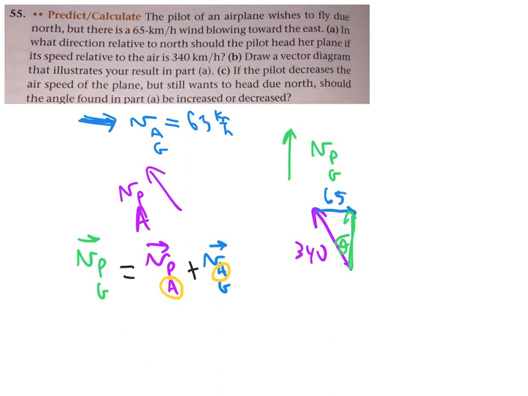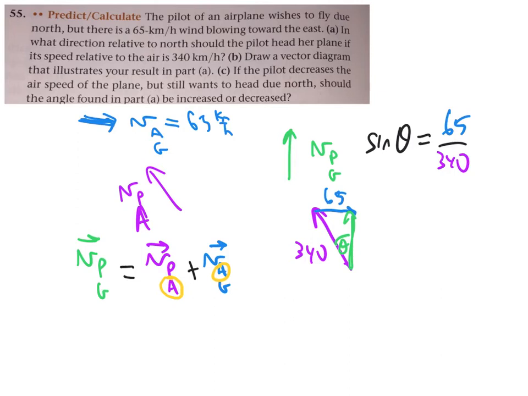And since we only want the direction, we can say the sine of theta is the opposite divided by the hypotenuse. That's sine, because that's what I have, so I'll have 65 over 340.